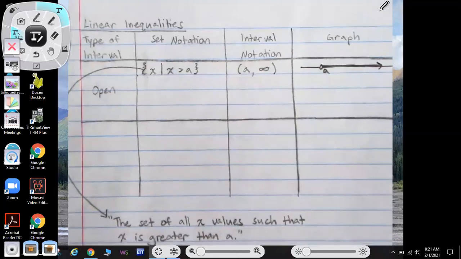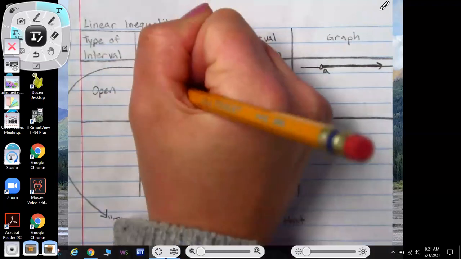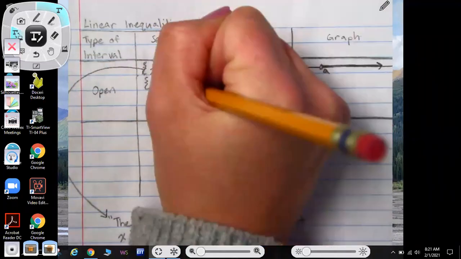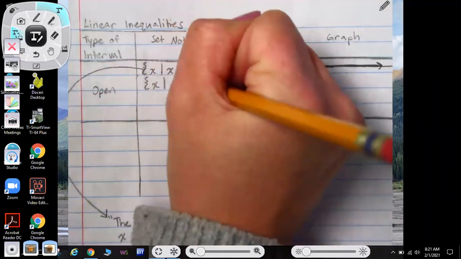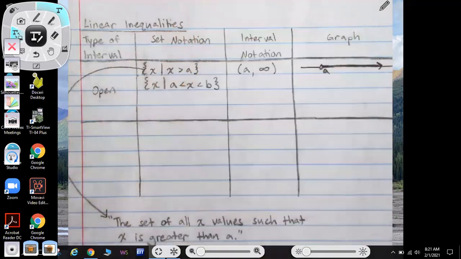Let's look at the next open interval. Set notation: the set of all x values such that x is between a and b. So x is greater than a but less than b. We write that as a compound inequality, a three-part inequality.